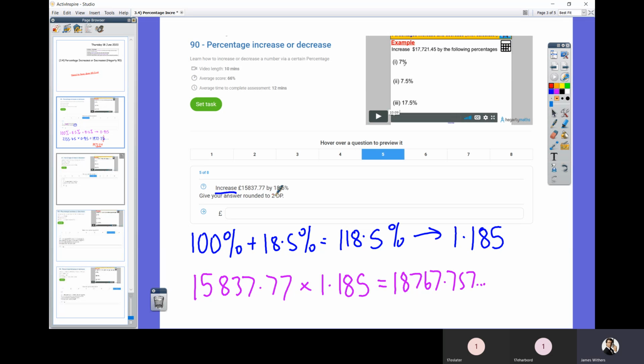The answer says 2 decimal places, so we're going to be cutting off there, 18,767.7, and be careful, we've got to round up. That one to the right of the red line is 5 or above, so that rounds that 5 up to a 6. So 18,767.76 will be your final answer.